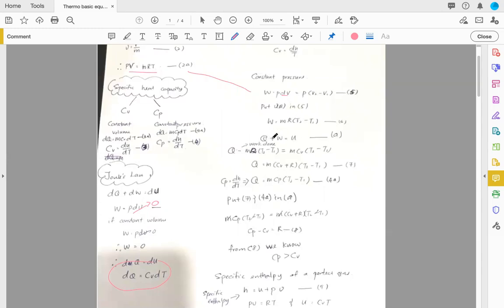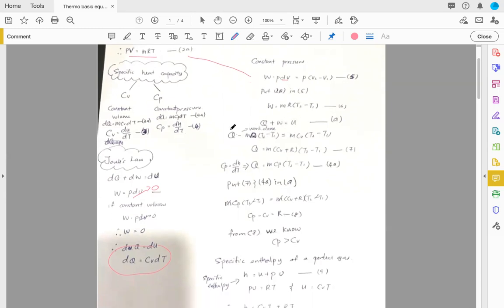And back to Joule's law, Q plus W equals U. But in this part is the work done, therefore your W is negative. So Q minus MR T, we put this equation inside here, equals to, because U is CV delta T, since we have the M, M CV T2 minus T1.